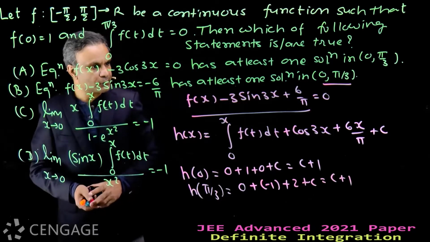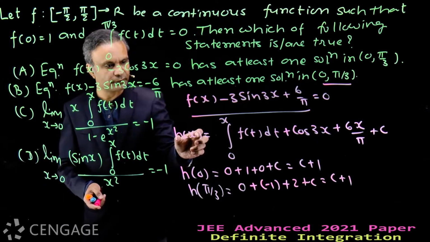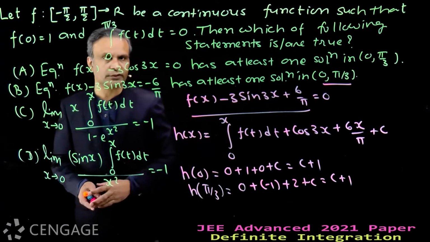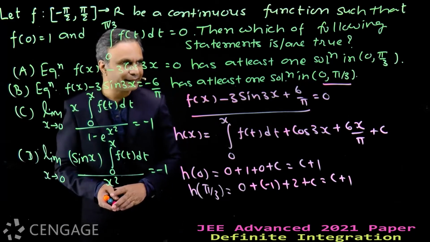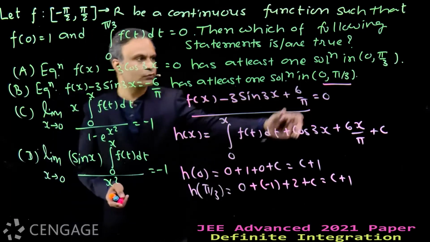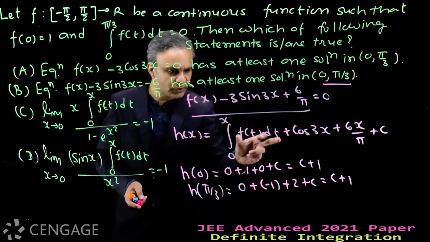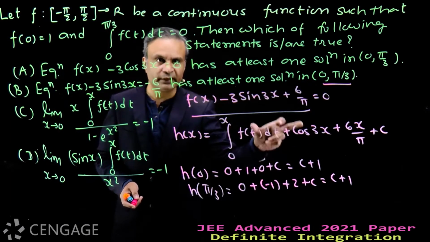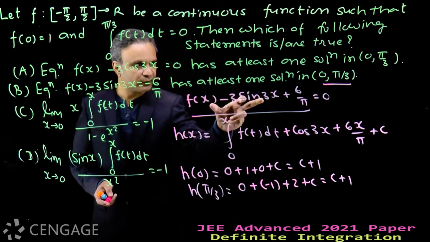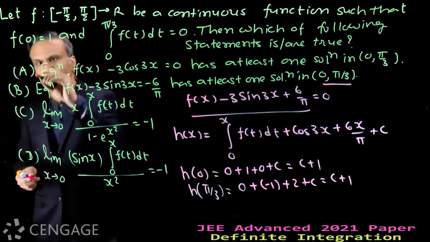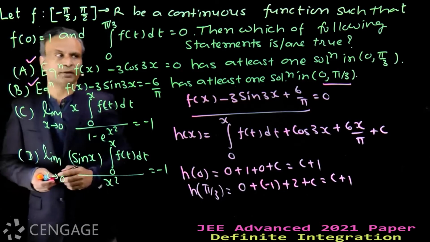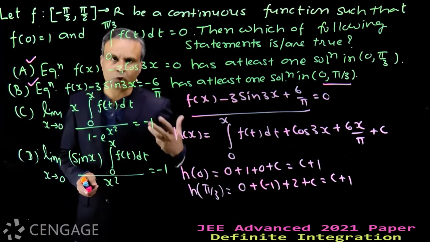So this function satisfies the conditions of Rolle's theorem. From the argument of Rolle's theorem, there exists at least one x belonging to this interval for which the derivative is 0, and the derivative is this function. So this option is also true. Both options A and B are true. We used Rolle's theorem here.